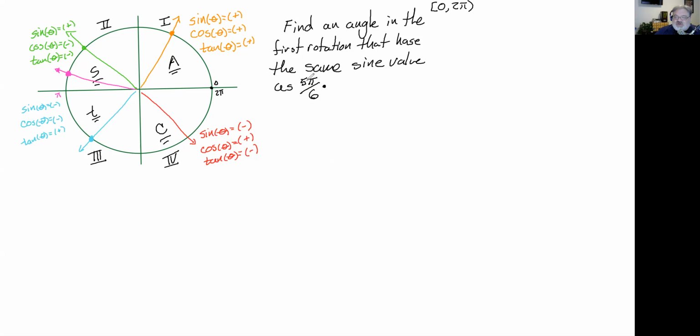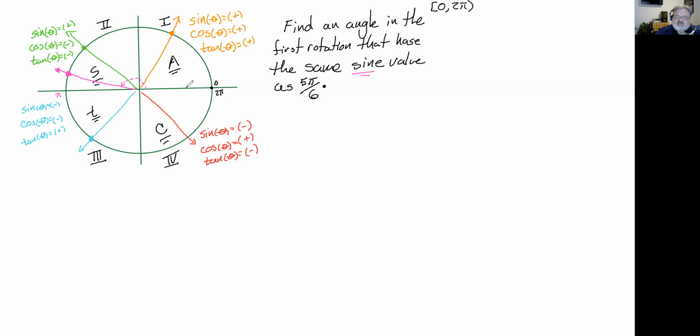Now, we could certainly try to figure out what the sine of 5 pi over 6 is, but we actually don't need to for this problem. We know this angle is 5 pi over 6. If this angle is 5 pi over 6, we know the sine of that is going to be positive, right?